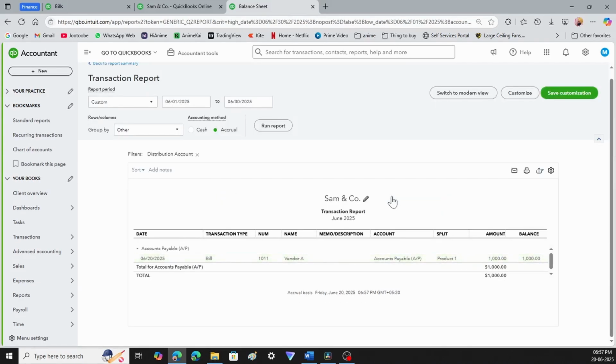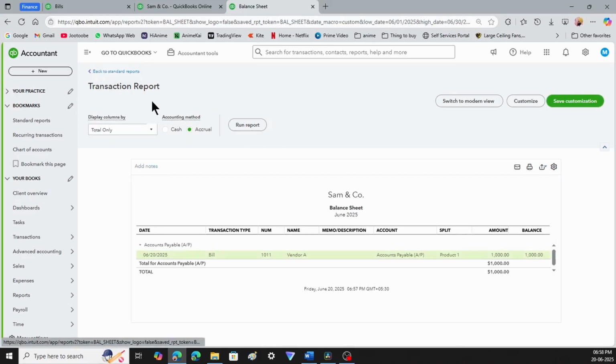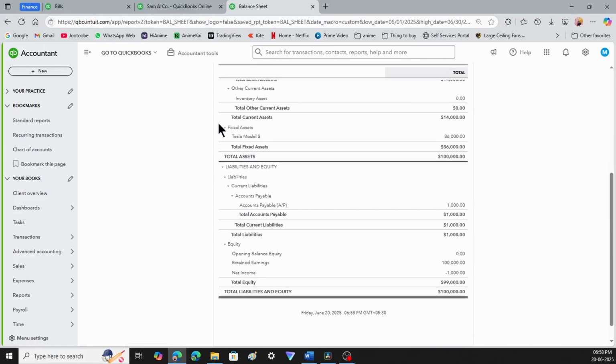Account payable generated for vendor A, okay, for 1000, and 1000 also a loss for us since we paid but there is no income, and that net is adjusted from retained earning under equity, and the total remains same, $1 lakh, $1 lakh. This is it.